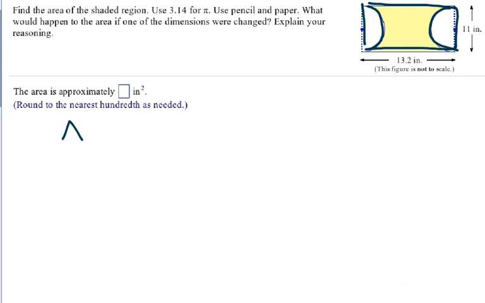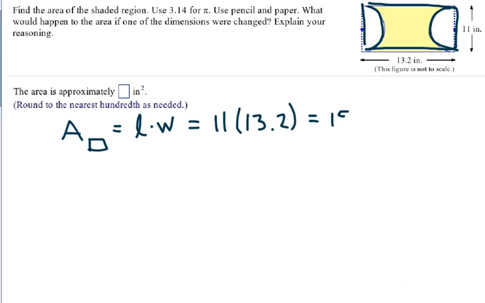So I'm going to find the area of the rectangle, and remember the area of the rectangle is length times width. So that's 11 times 13.2, and that gives me 145.2.